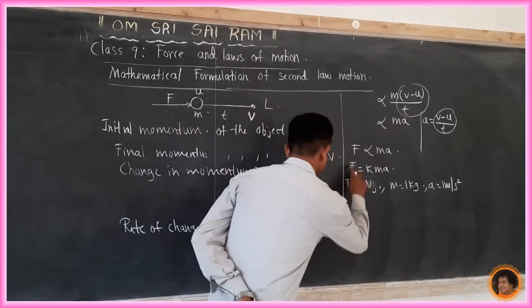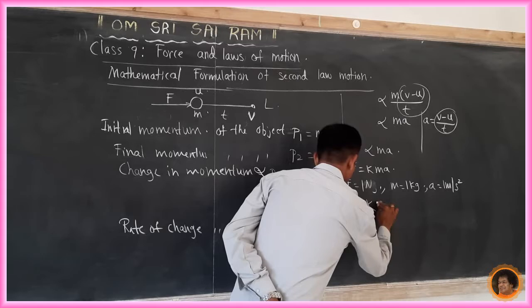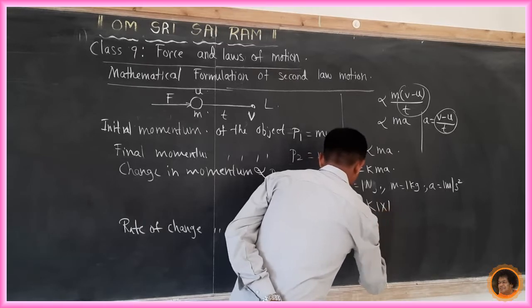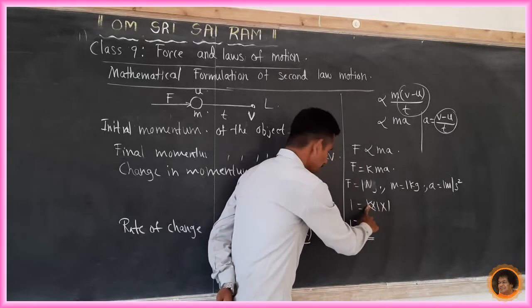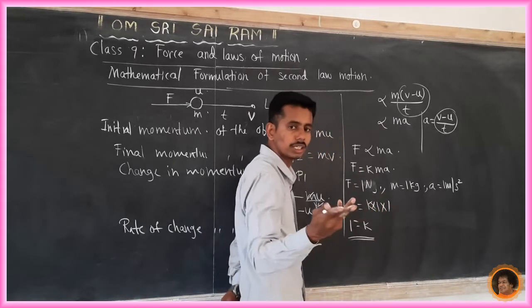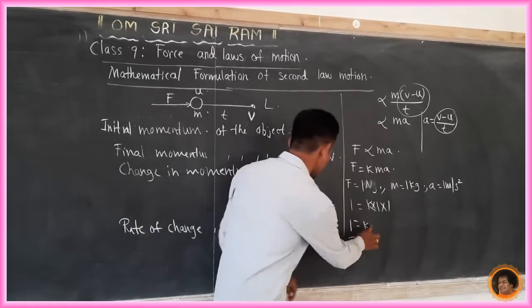Substitute this. What do we get? F is 1, equal to k into m, which means 1 into 1. What do we get? 1 equal to k. K into 1 is 1k, and 1k and k are both the same. So, k equal to 1.